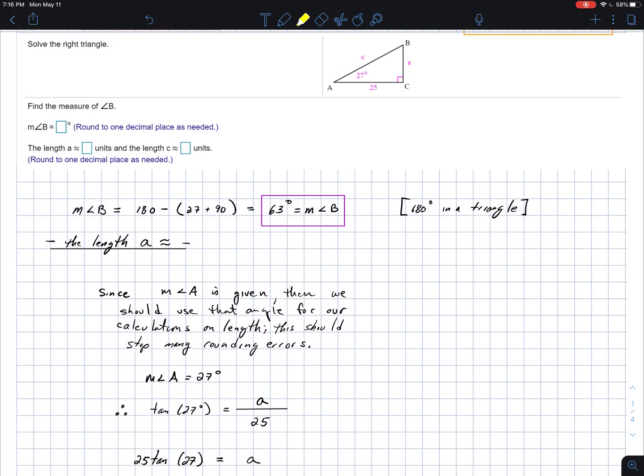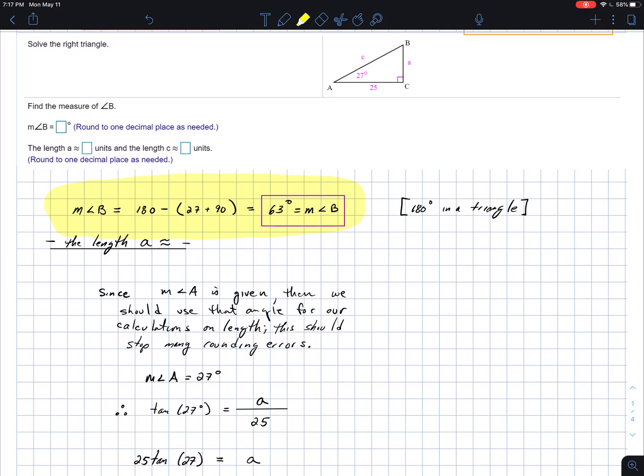And one of the things that it does here is it says to find the measure of b first. Now, here's the thing about that. We can do that very easily, which is what I did down here, right? And as I said, it's nice to know the names of the theorems, but it's more important to understand the concepts of the theorems. And remember, how many degrees are there in a triangle?